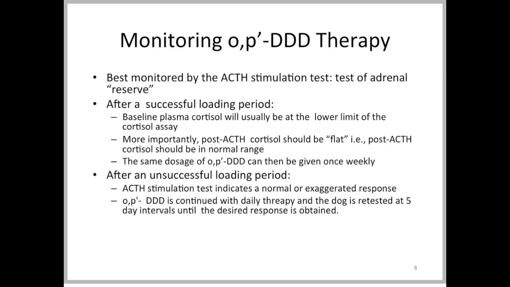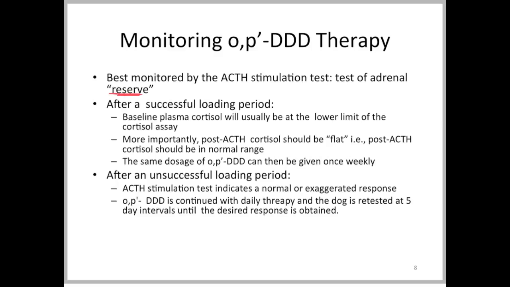So how do we best monitor this therapy? It's basically you test for that adrenal reserve, and you do that with an ACTH stimulation test. Basically, at a periodic interval, have the animal come in, have them be dosed at their appropriate time, take a sample for cortisol, administer ACTH, usually IV or IM, and then you should be looking for a baseline cortisol level, once you get the results back, that would be in the lower limit of normal.